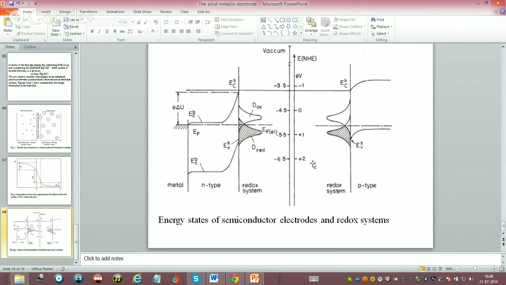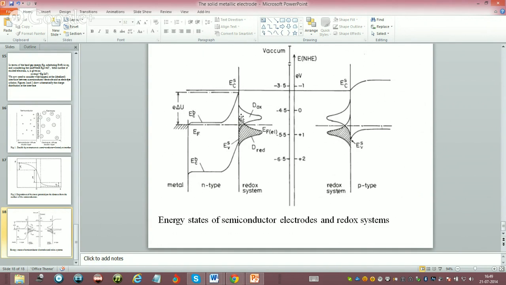So for example, you look at here, the valence band is here, and the redox potential is here. Therefore, the electrons are not capable of going from the valence band to the conduction band. Whereas if the electrons were to be in the conduction band, the unoccupied states in the redox system are going to be here.